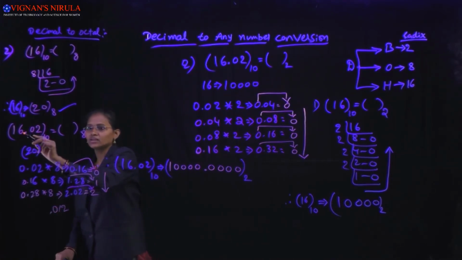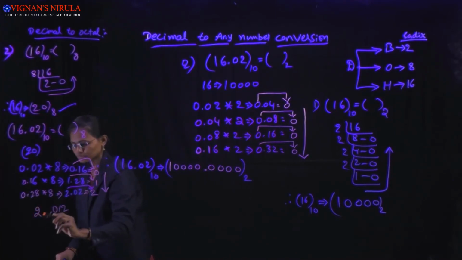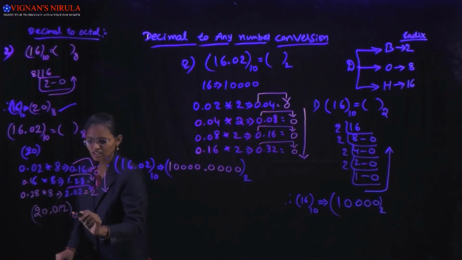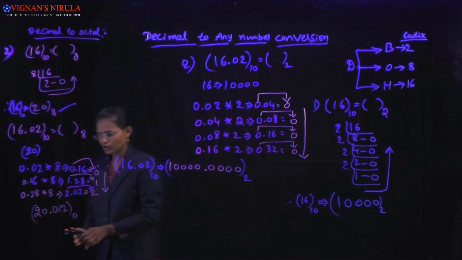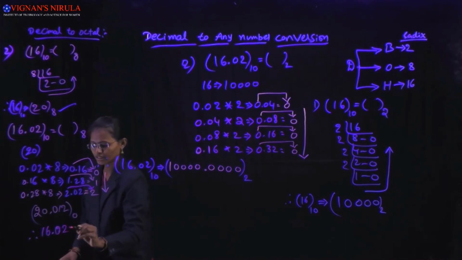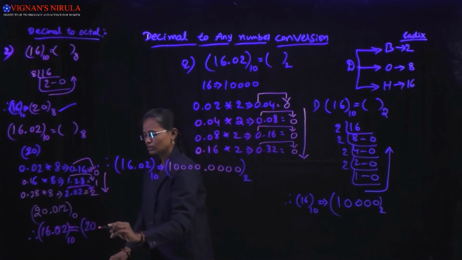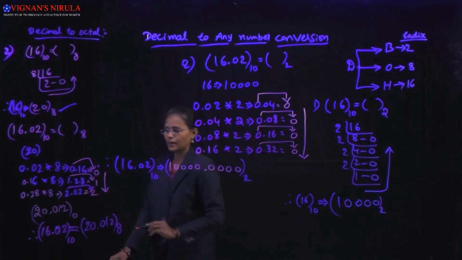And 16 in octal is 20. This is the octal number. Therefore the decimal number 16.02 converts to the octal number 20.012.